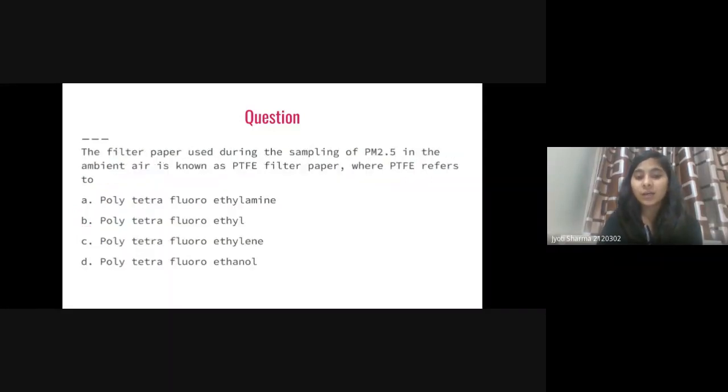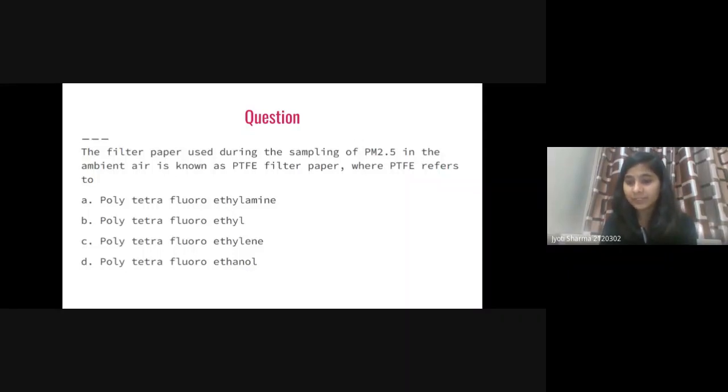My next question is for particulate matter 2.5. While we are measuring it, we need a filter paper, and that filter paper is made of a chemical. You have to tell me the full form of that chemical. We use PTFE; this is the material of which the filter paper is made. You have to tell me what type of material we are talking about.